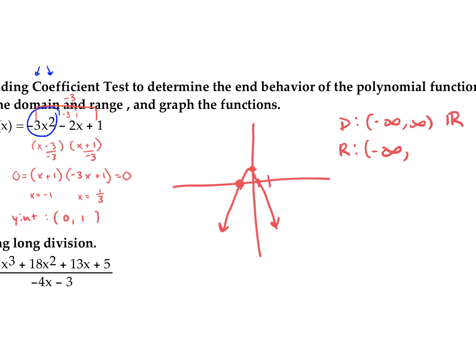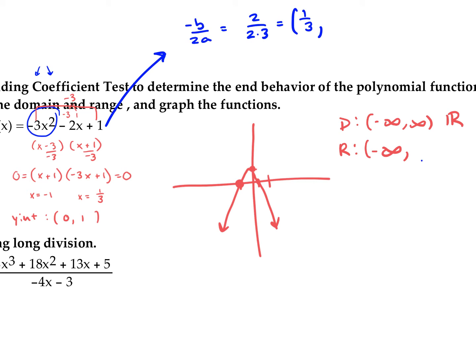How do we know that 1 is the highest point in our graph? Do we know it's the max? Yeah. Remember, our vertex is at the max. Oh, that thing? So we'd have to find the vertex. So -b over 2a. So that would be 2 over 2 times 3, which would be 1/3. This is our x in our vertex.